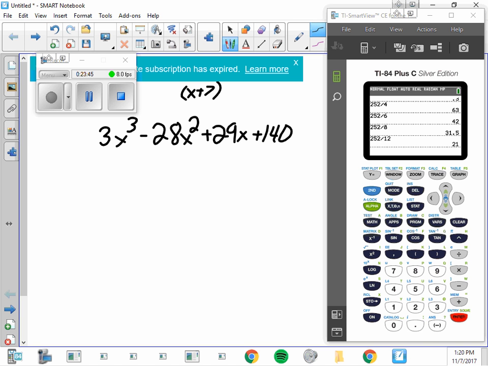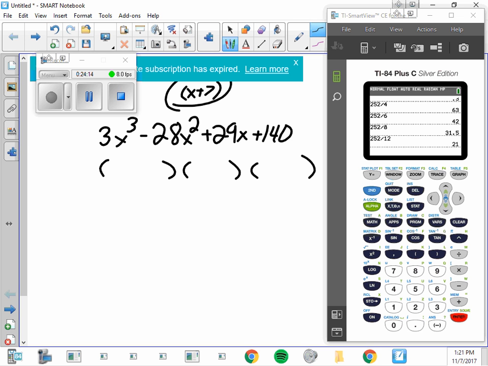What am I asking? When I say, is x plus 7 a factor, what do I mean? Well, this x to the third equation is 3 binomials multiplied together. Is one of those this or not?